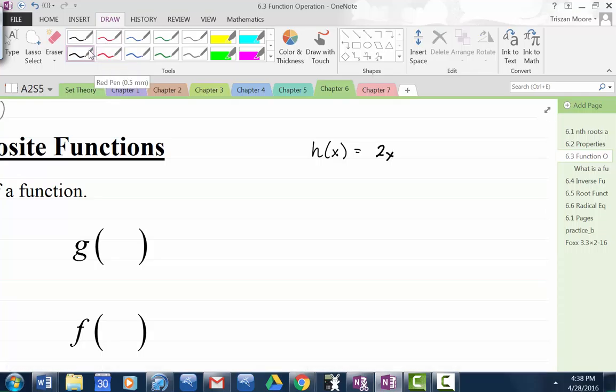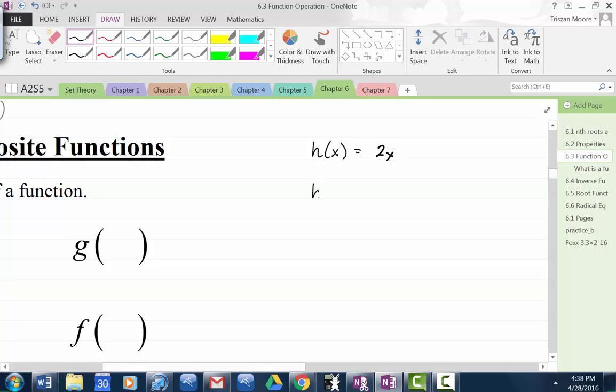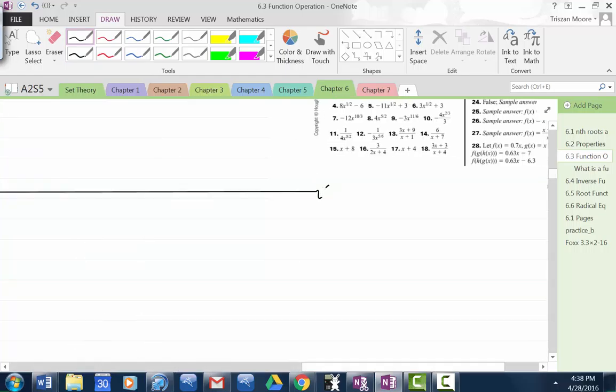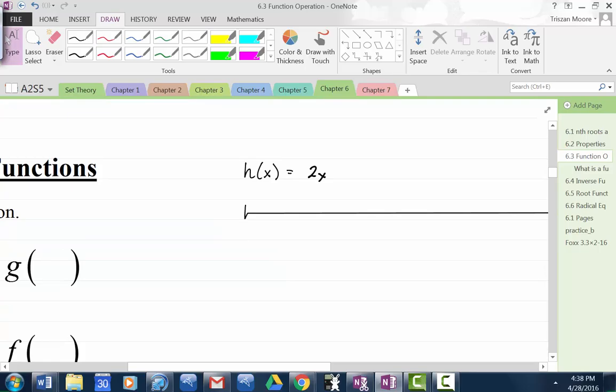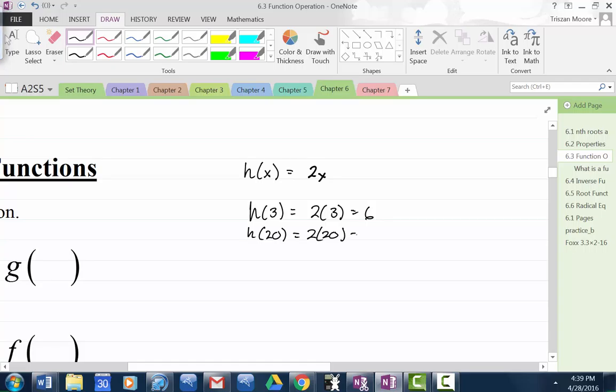Then that would mean that h of 3 would just be 2 times 3, which is 6. It means something like h of 20 would just be 2 times 20, which is 40. If I just did h of, and I didn't put a number down, I put the letter a, h of a would just be 2 times a, which is 2a.